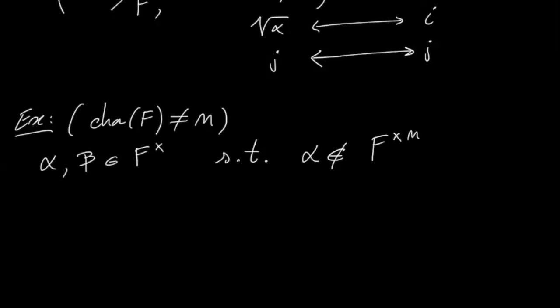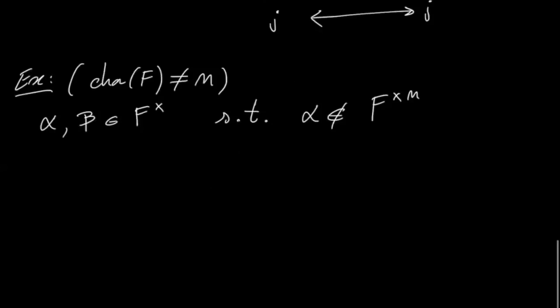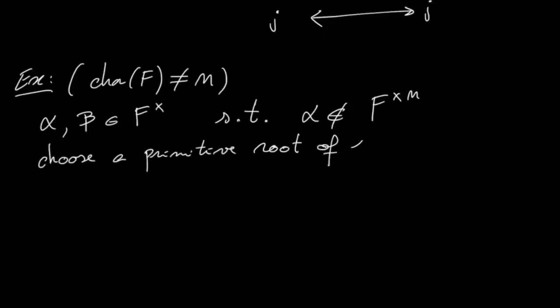So this assumption is a generalization of the previous example. And now let's also choose a primitive root of unity. Let's suppose that F has all roots of unity, so a primitive nth root of unity w in F.